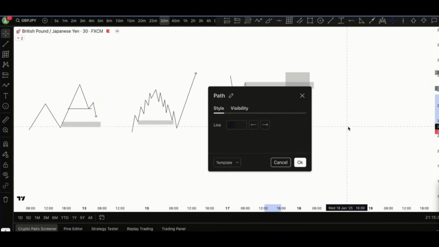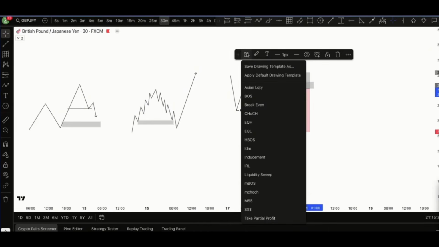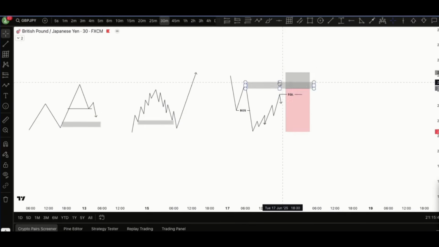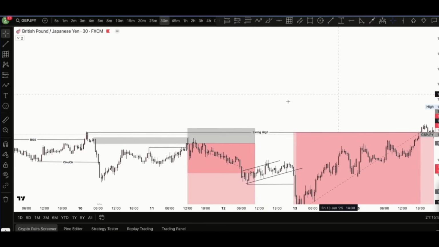There, when you have something like this, the level now becomes an engineer liquidity. So in that case, you can confidently set your pending order here, waiting for price to come and activate it. And that was what I did on this trade, on the other trade I showed you.